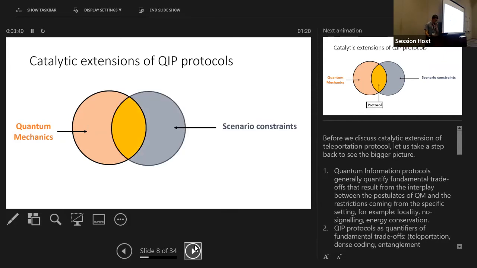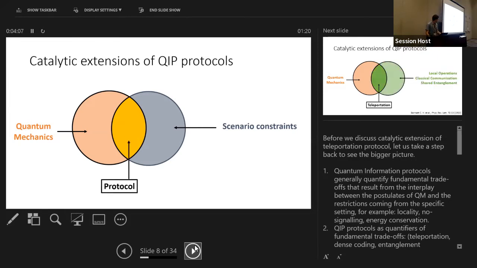But now there come our scenario constraints. Our protocol has some limitations, like locality and no signaling, and these scenario constraints further impose new constraints on the results of the experiment. The intersection of these feasibility regions is essentially everything that we can achieve in our protocol.